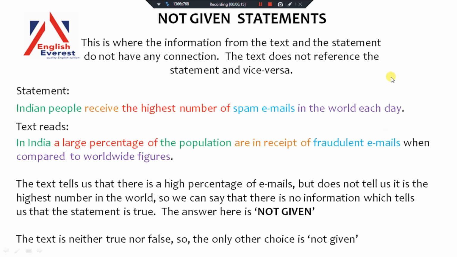Finally, for our example, not given statement. This is where the information from the text and the statement do not have any connection. The text does not reference the statement and vice versa. Here's our statement. Indian people receive the highest number of spam emails in the world today.